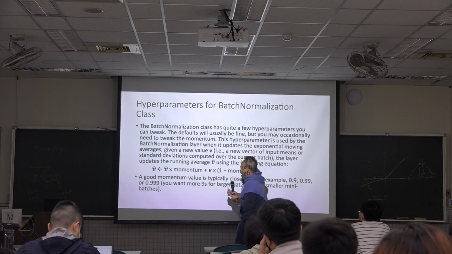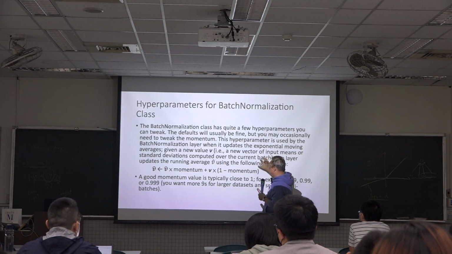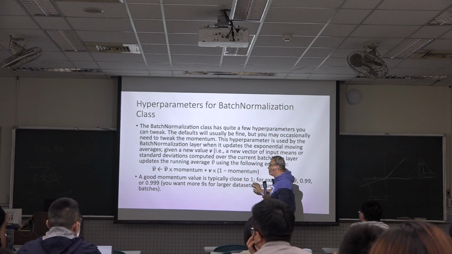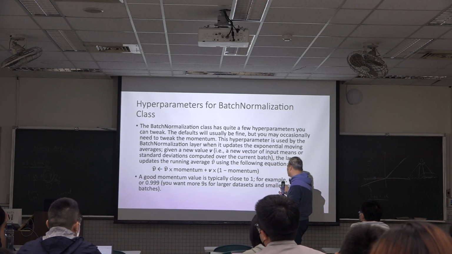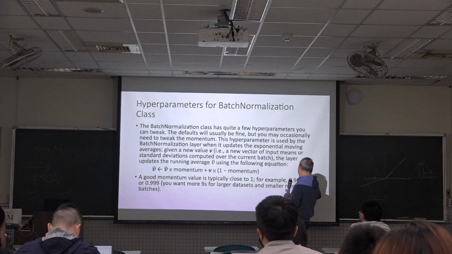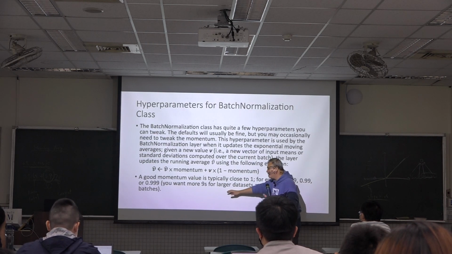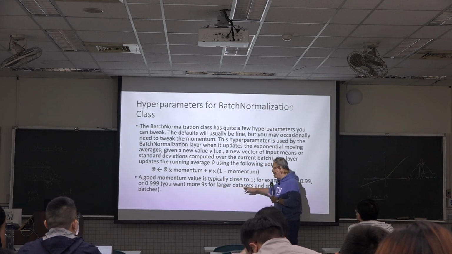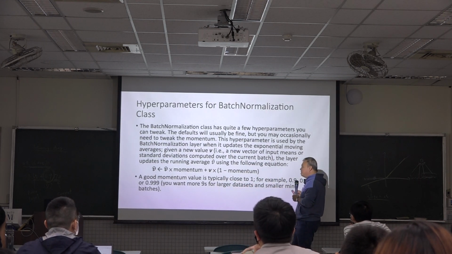As I said, the momentum is normally a number close to 1, such as 0.9 or 0.99. Basically you want more nines for larger data sets and smaller mini batches.